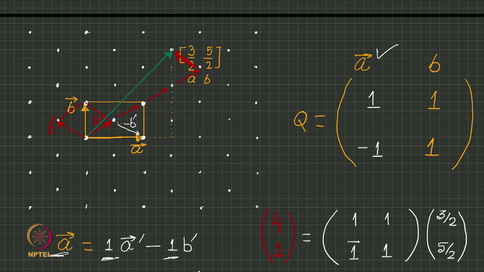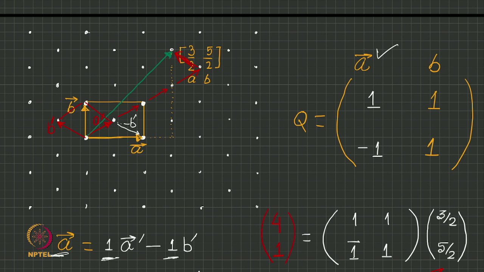The matrix works. So, this matrix magically gives me, on multiplication with the old components of the green vector, the yellow components, the new components of the green vector, the red components. So, that is all there is to the coordinate transformation matrix.